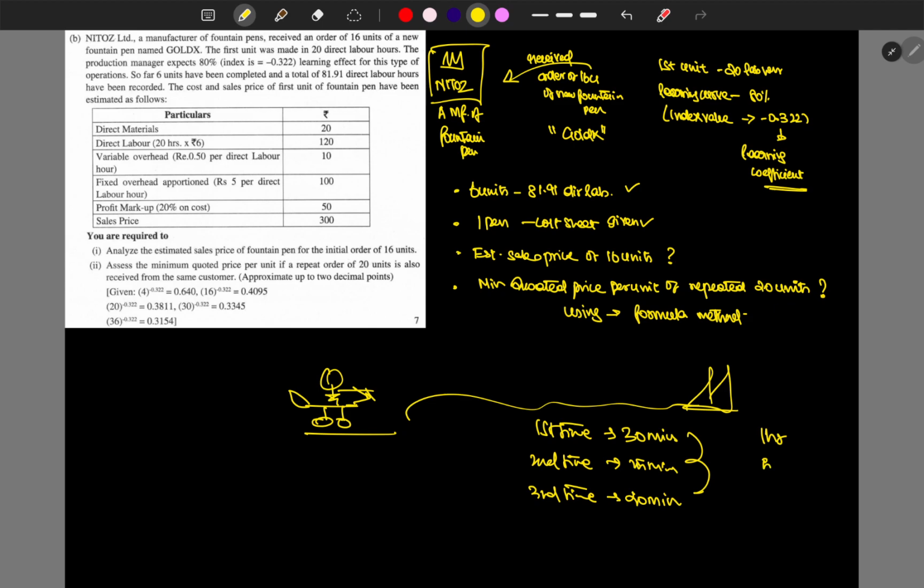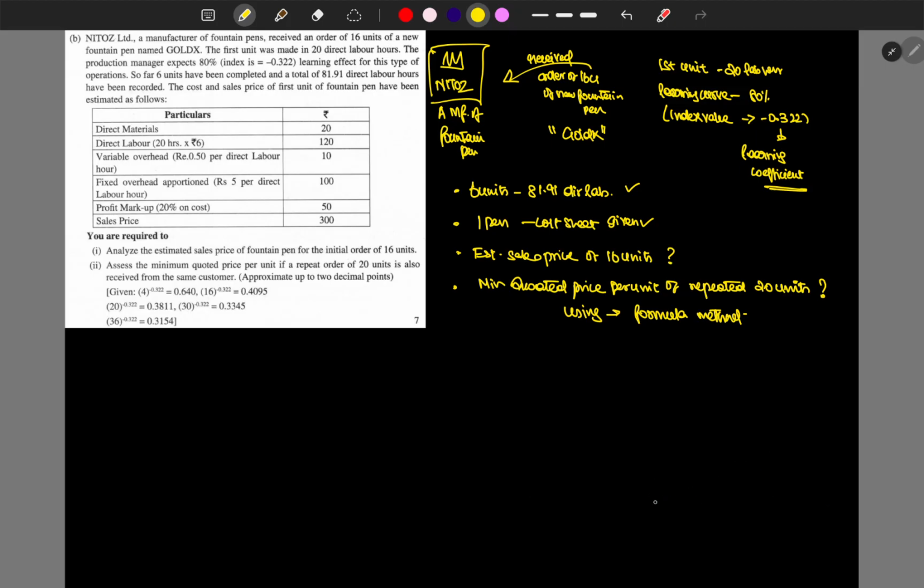In further production of units, the time reduces, because we know how the product has to be produced, what techniques we have to use, and we have a complete picture of that product. So it reduces the time for the further production of units.